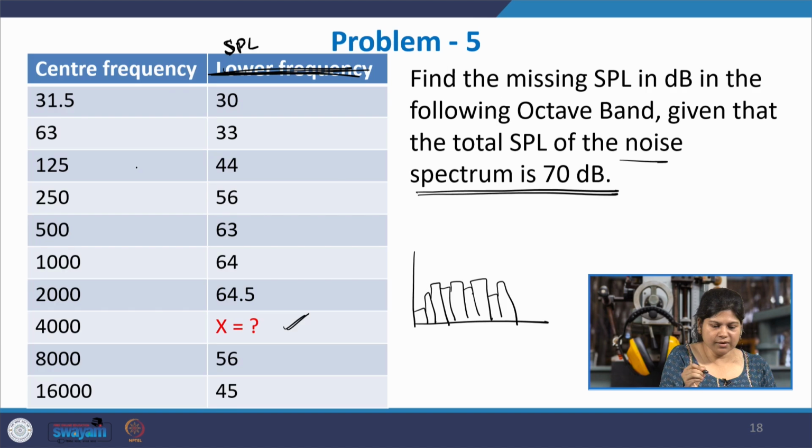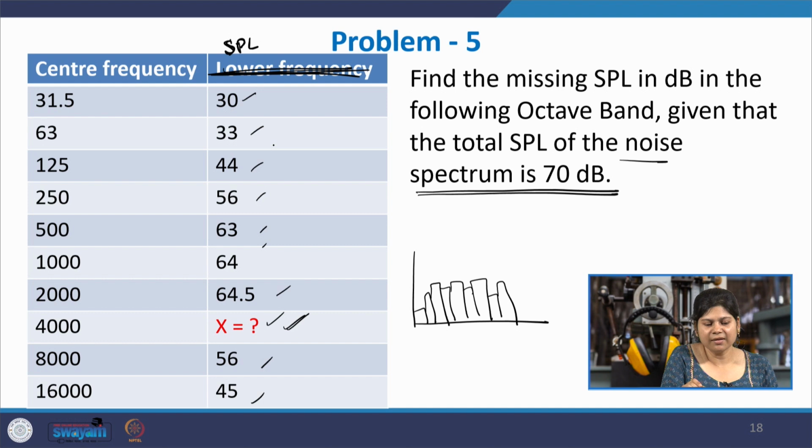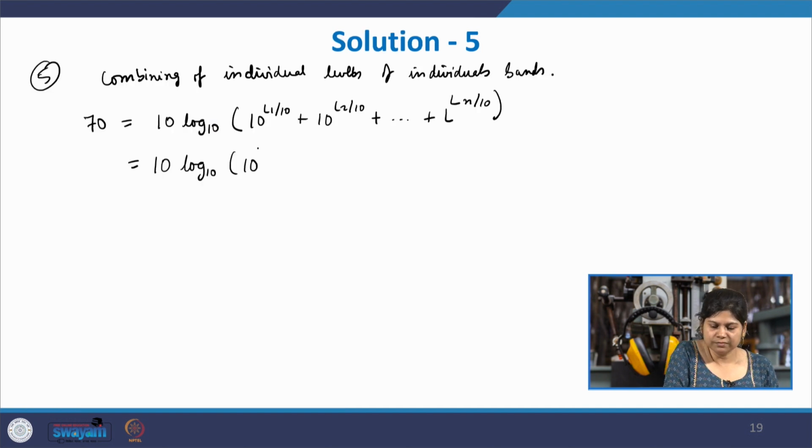Over here, these become the individual levels which we try to combine, in which one of them is an X. So, this becomes 10 to the power 30 by 10, the second one becomes 10 to the power 33 by 10, and so on, all of them with the factor 0.1.